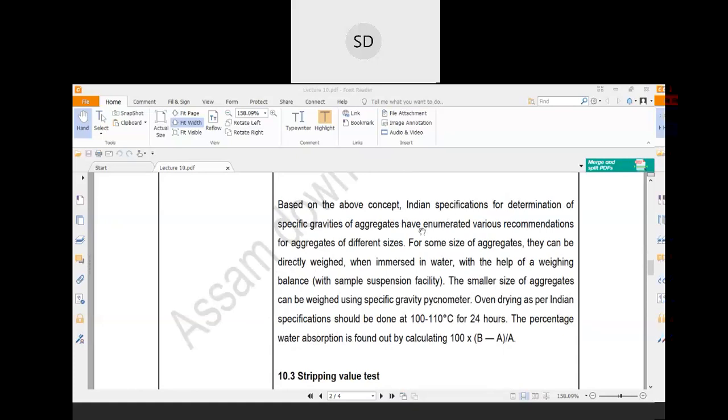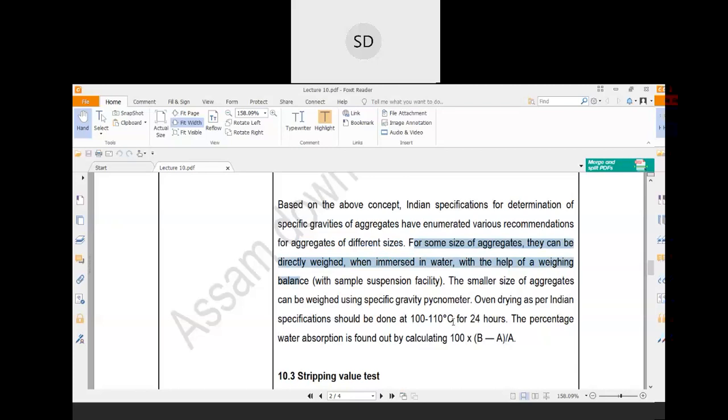So based on the above concept, whatever we've discussed, the Indian specification for determination of the specific gravity of aggregates enumerates various recommendations for aggregates of different sizes. For the larger size of aggregate, you can directly immerse it into the water and take the weight with the help of a weighing balance.